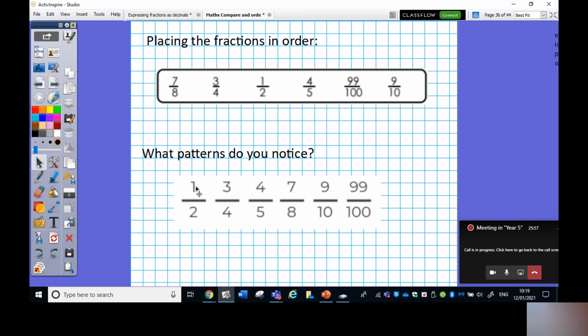Now I'm going to line them up. What patterns do you notice? Yeah, this one's slightly trickier. Yes, the numerator is 1 less than the denominator.